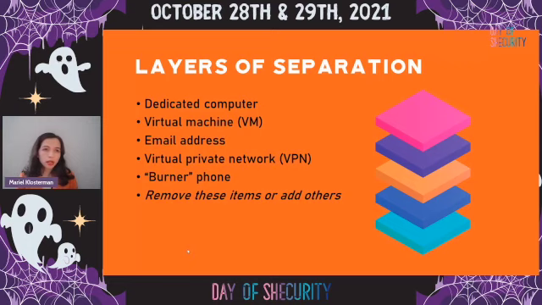Because with Facebook, Instagram, a lot of them don't accept voice over IP numbers, which a lot of times are what people go to when they want another phone number but don't necessarily want to pay for a physical phone or a physical phone number. With a lot of the social media networks, they don't allow you to sign up using those. So that's something you have to consider when you're creating a sock puppet account.